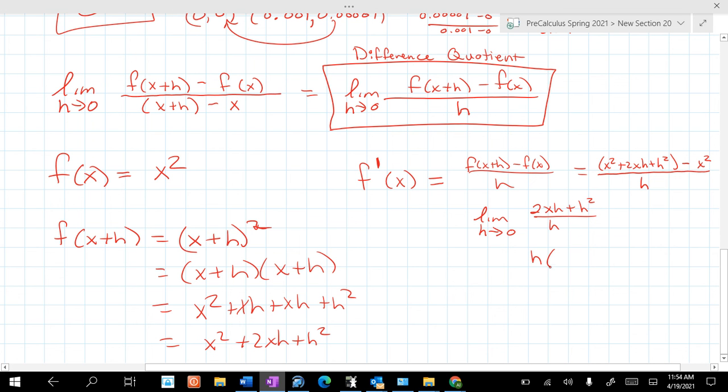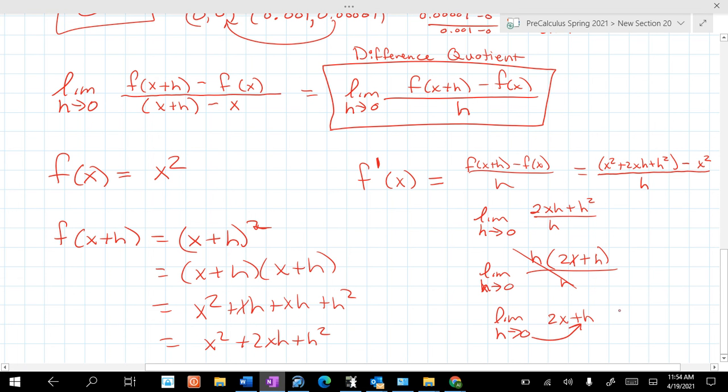If we factor out an h on the top, we get 2x plus h over h, right? The h's cancel. So I have the limit as h approaches 0 of 2x plus h.